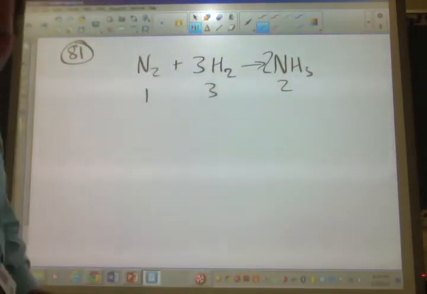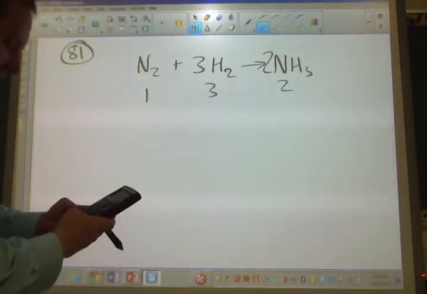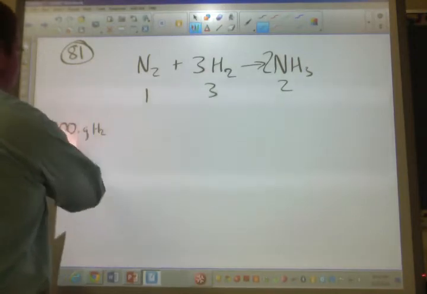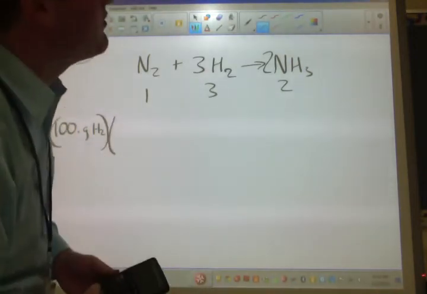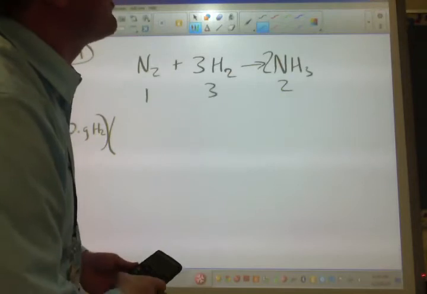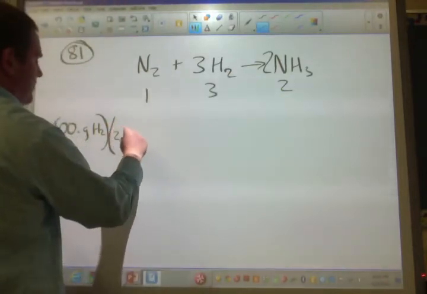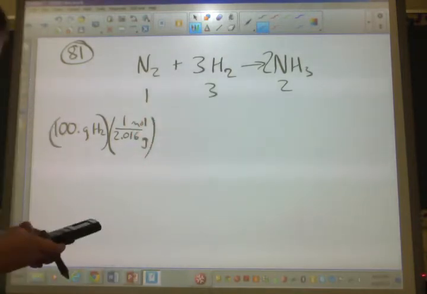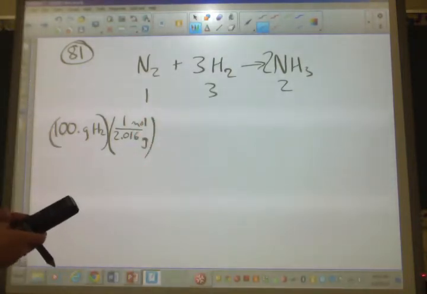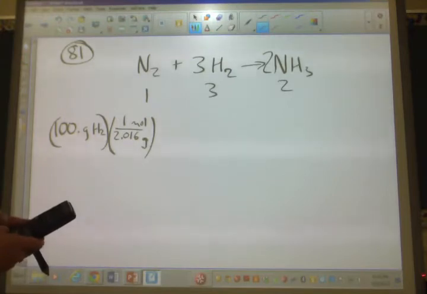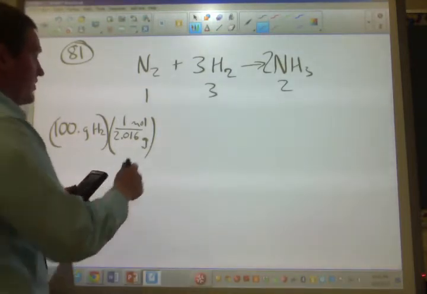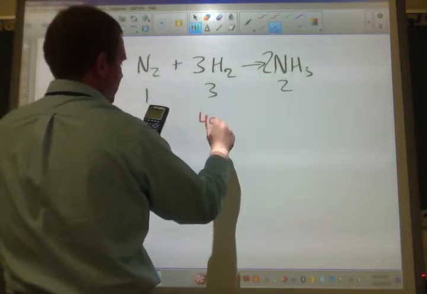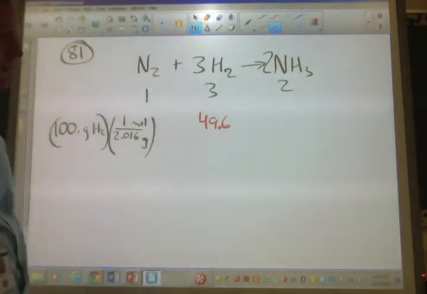So if I have 100 grams of H2 gas, we need to say 100 grams of H2 times 1 mole over my molar mass of H2, which is going to be 2.016. So 100 divided by 2.016 gives me 49.6 moles of H2.